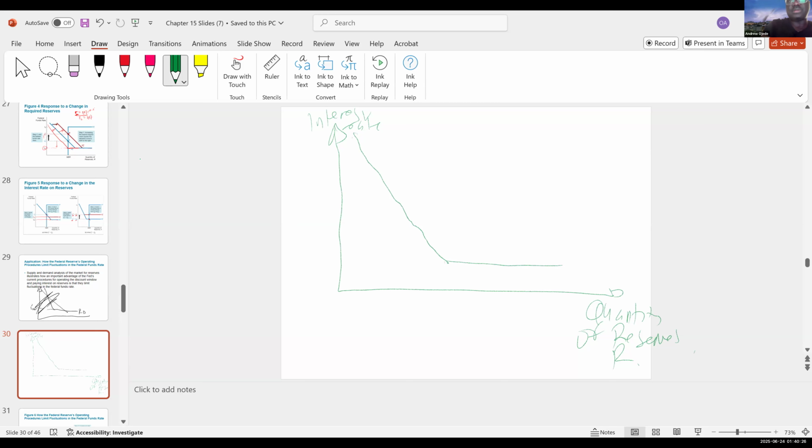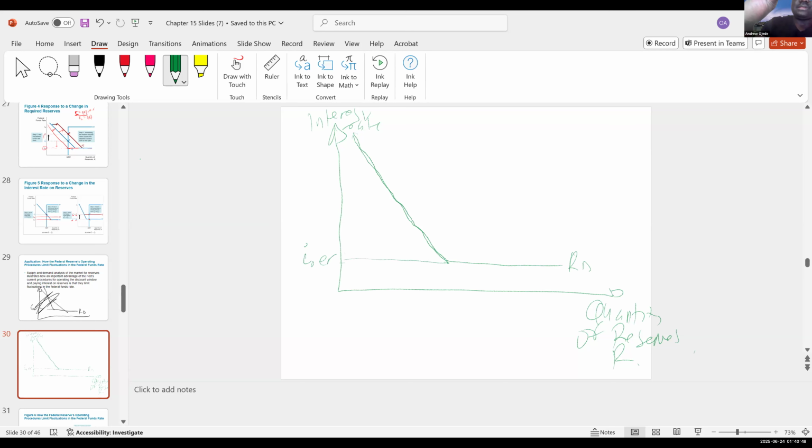I'm sorry about the crookedness of my line. This is what we call the demand for reserves. The flat portion establishes the interest rate on excess reserves. When banks keep their money with the Fed as excess reserves, that's how much they get paid in interest.